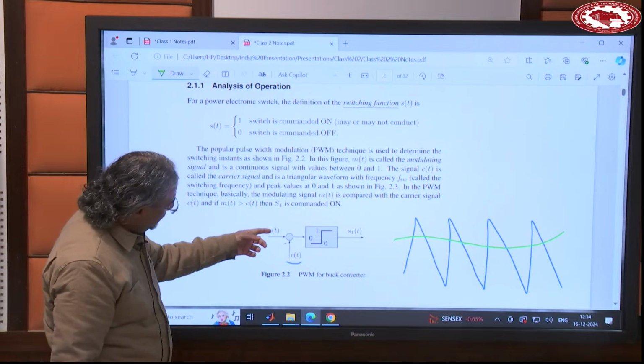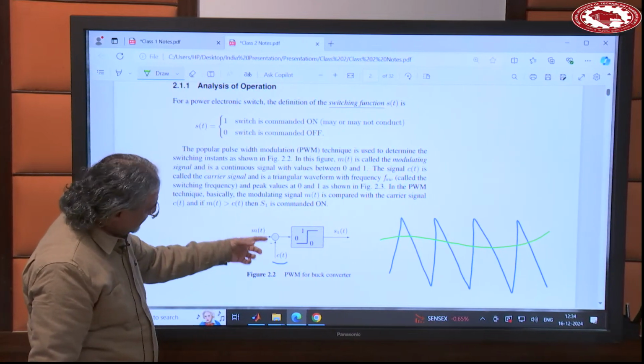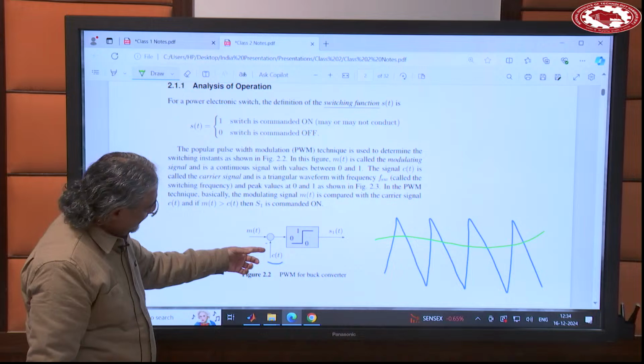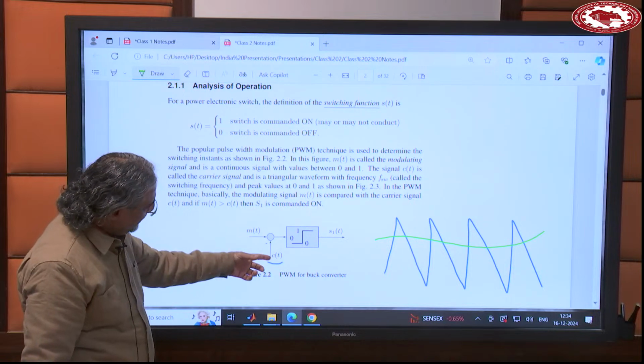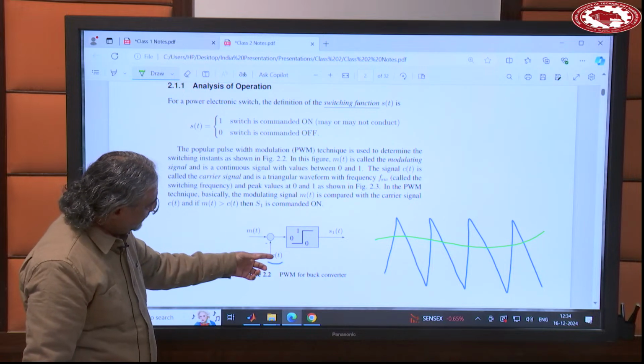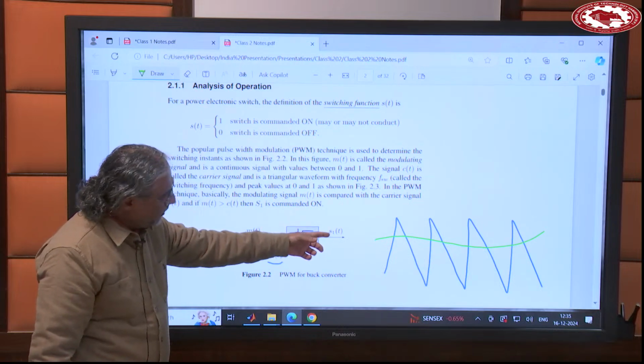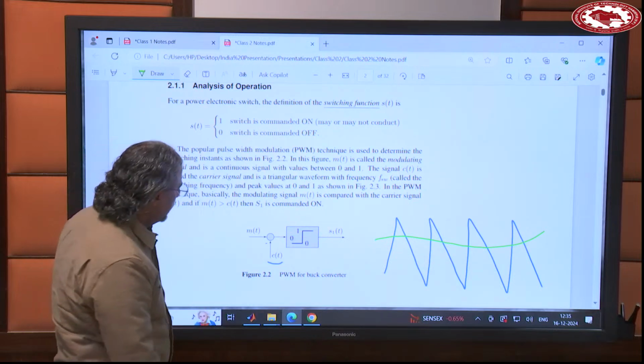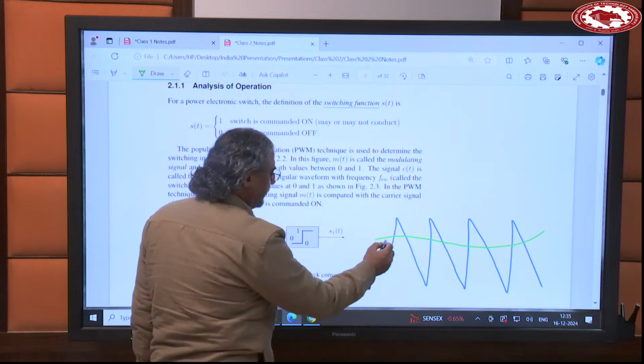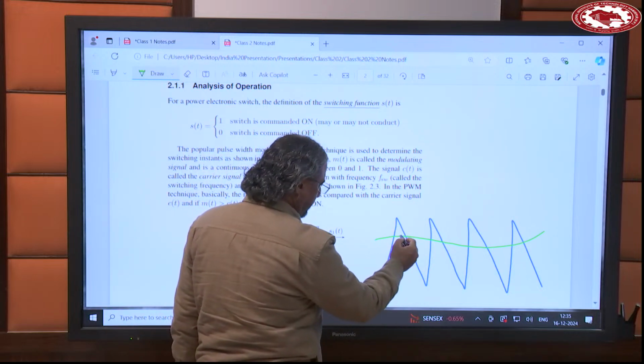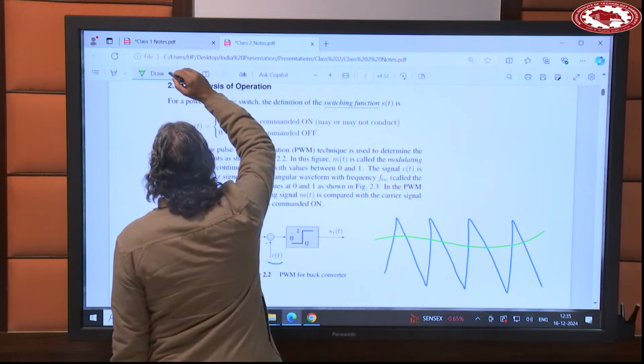So you compare this one and this one, you subtract them or you compare them. And depending on whether this is larger than this one or this is smaller than this one, you output 1 or 0, right? So here, for instance, M is smaller than C in this region.